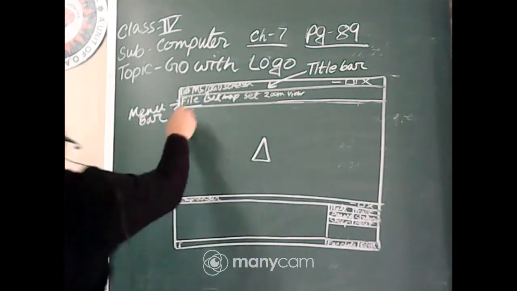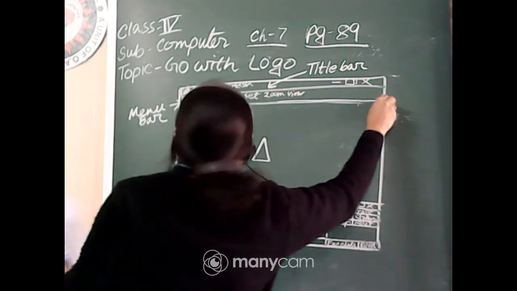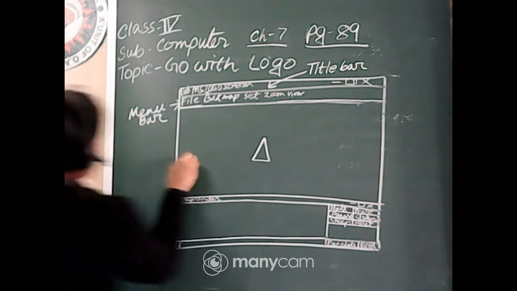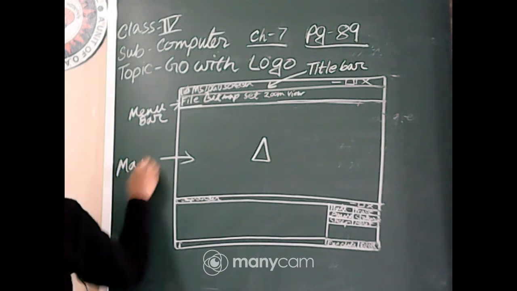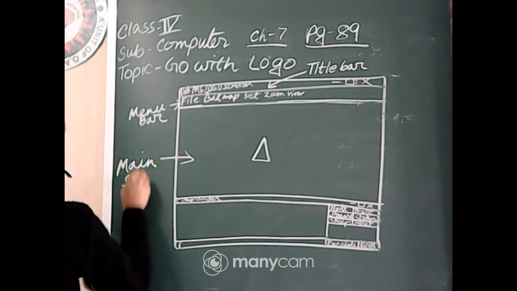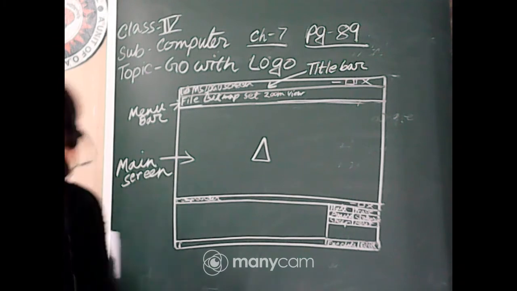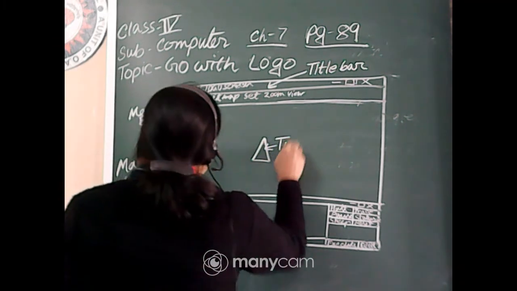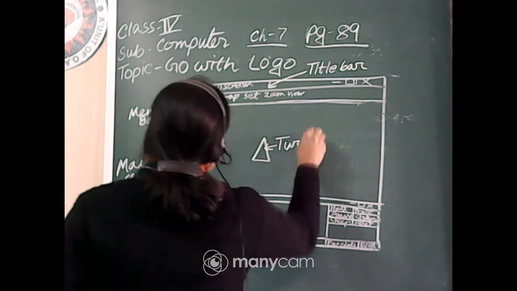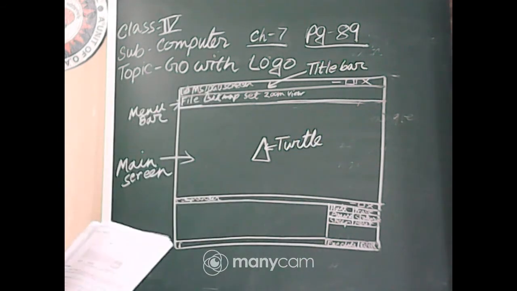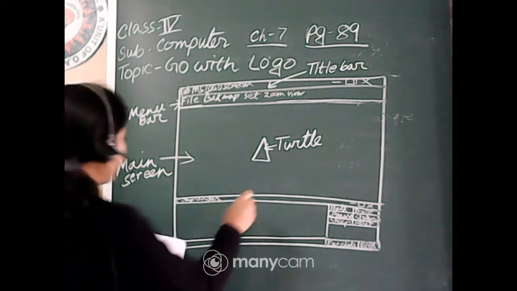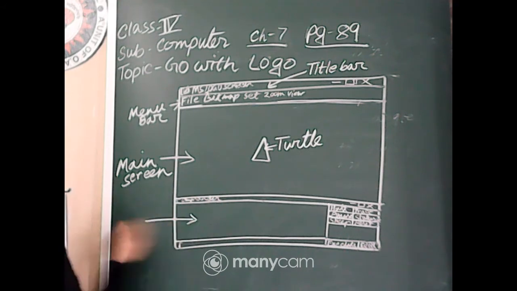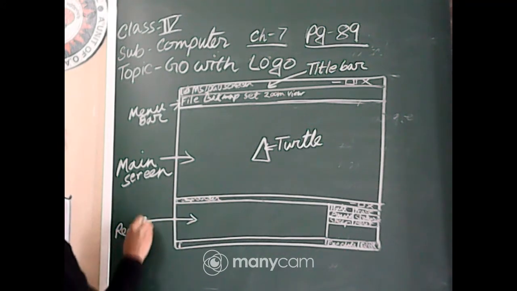This white area is called the main screen. This one is called the turtle. This is called the recall bar.